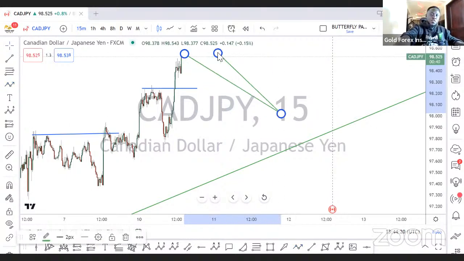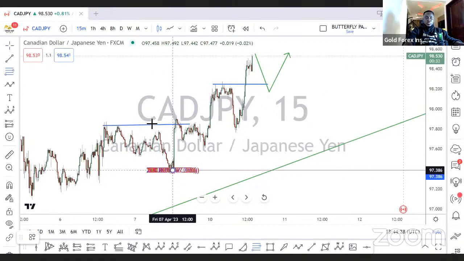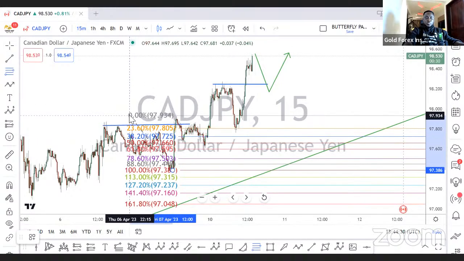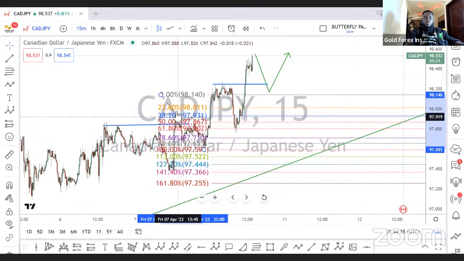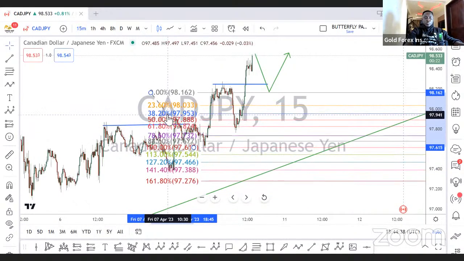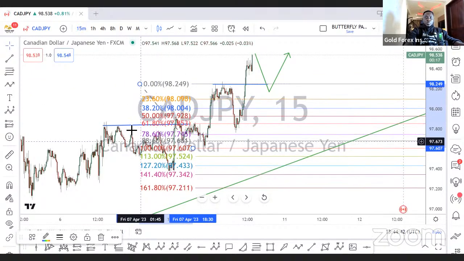Now let's look at the fib level that it came to. So in the demand zone, this one came to 50 fib. Okay. This one came to 61.8.